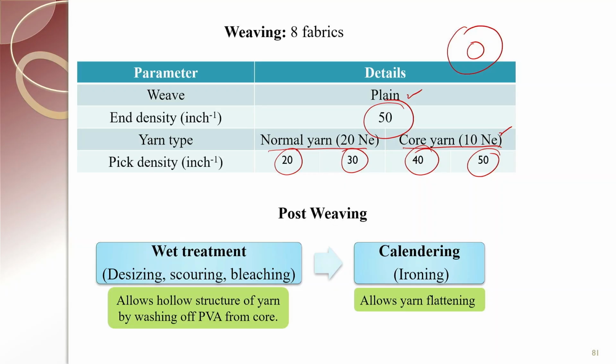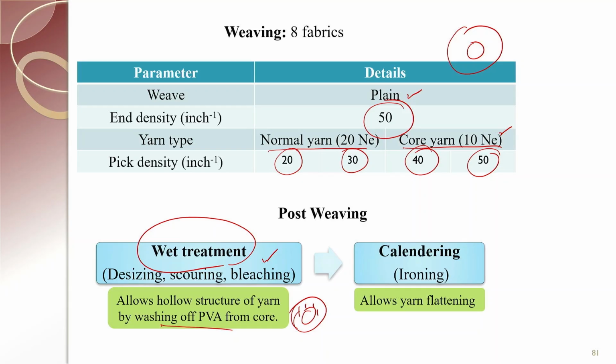Now, after weaving, what we have done? We have done desizing, scouring and bleaching. During this wet treatment at the elevated temperature the PVA fiber got dissolved and washed out from the core, and the sheath cotton fibers remain.